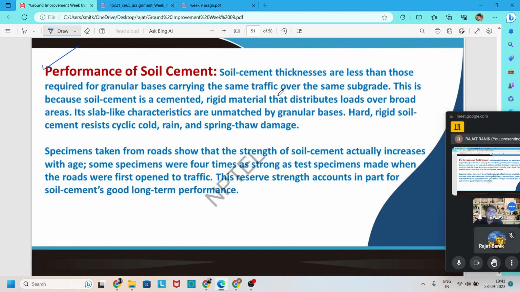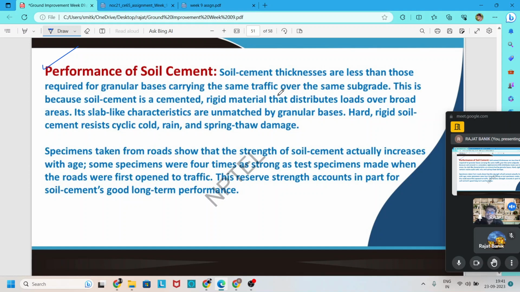If we don't apply it, the required granular base thickness would be higher for the same traffic load and the same subgrade. So we can say this is economical, because the thickness of the pavement is reduced in this way and the material cost is also reduced.